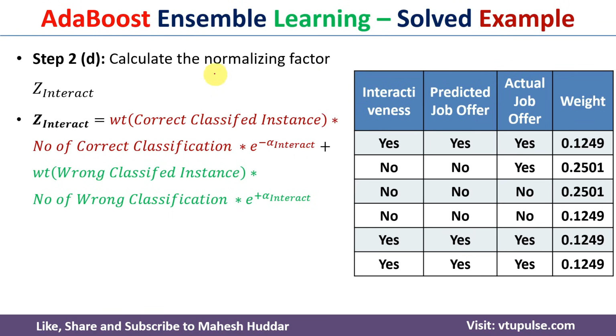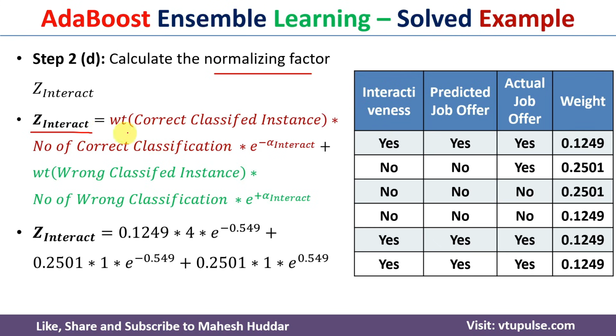The next step is to calculate the normalized factor here, that is Z interact. In this case, you can see the weight for the correctly classified instances. This is a correct classification, this is a correct classification, correct, correct, and correct. If you look here, this one, 2, 3, 4, all of them have the same weight. So that is what I have written: 4 times e raised to minus the weight for the weak classifier.